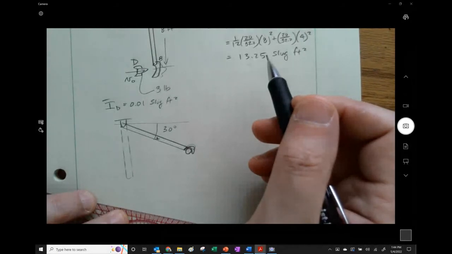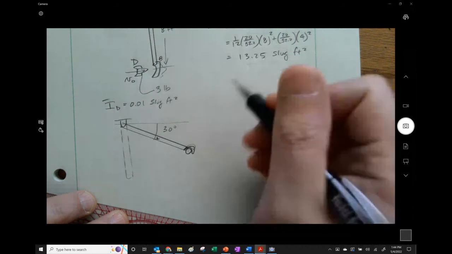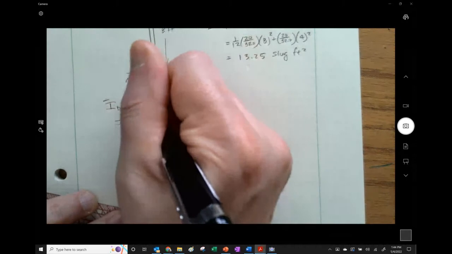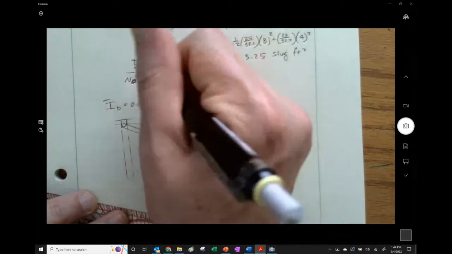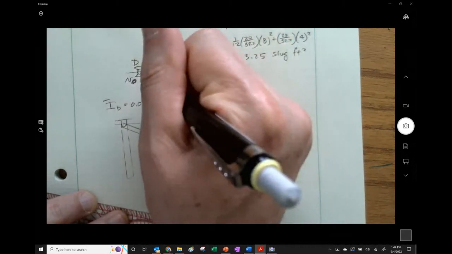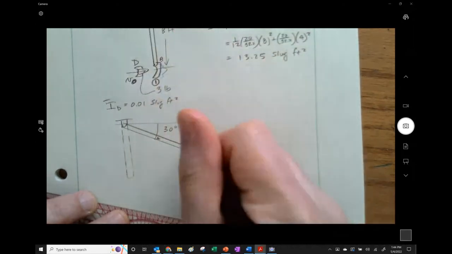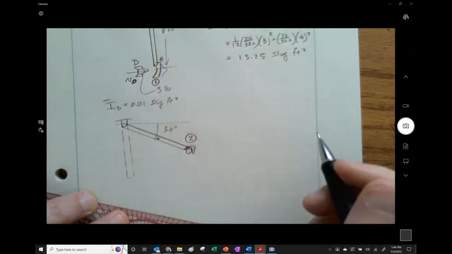I'm thinking my way through this piece. Okay, so they decided to call that O, I'll call that there. After it gets caught, we'll call that 1, and then we'll call this right here 2, state 2.